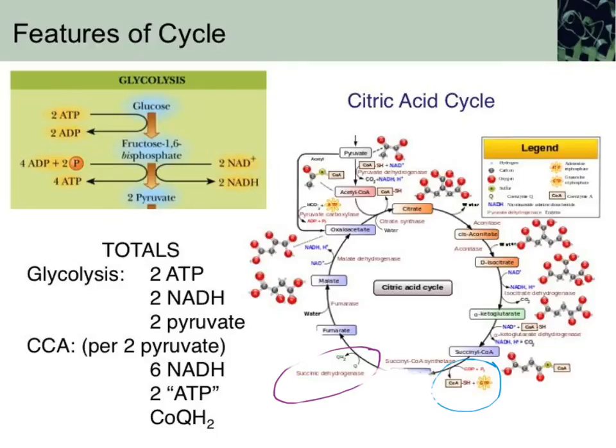Okay, our fumarate, I think I've got my carbons right, was the alkene, and our succinate was the alkane. Okay. So what reaction did we do to go from our succinate to our fumarate?